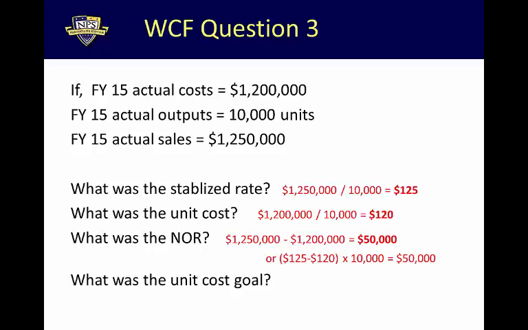So you could have taken that $5 times the 10,000 units and got to 50,000 that way as well. So what was the unit cost goal? Well, we don't have enough information to know that. The unit cost goal is your budgeted cost divided by your budgeted output, and the only information we have on this slide are actuals.